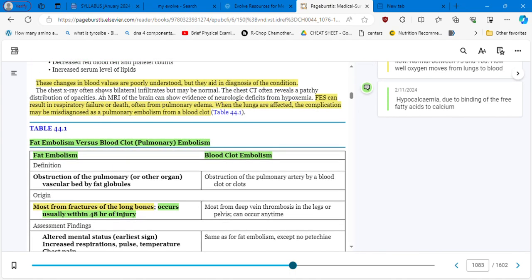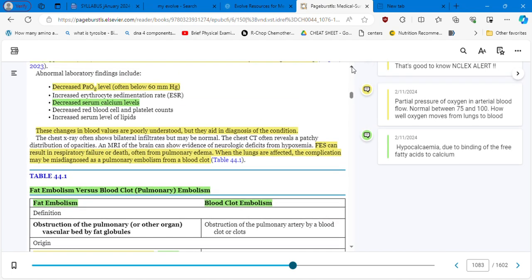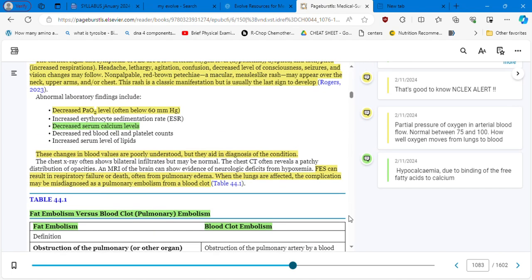These changes in blood values are poorly understood, but they aid in diagnosis of the condition. So I think we understand, right? We are nurses, we are all the time looking for the reasons, and we understand the whole laboratory findings, even the calcium, we were able to understand.